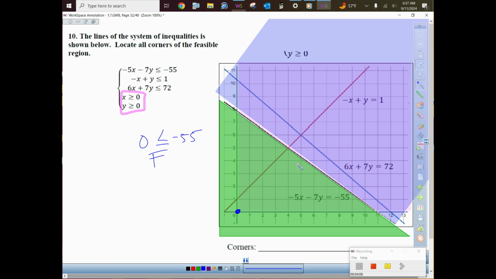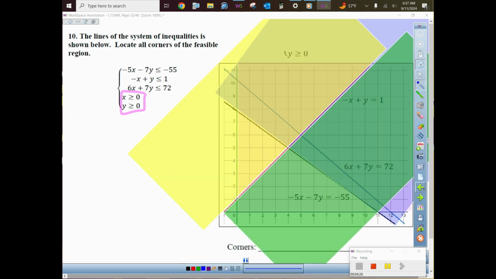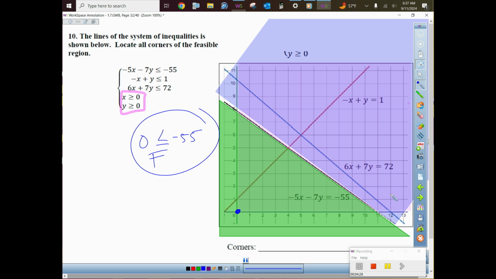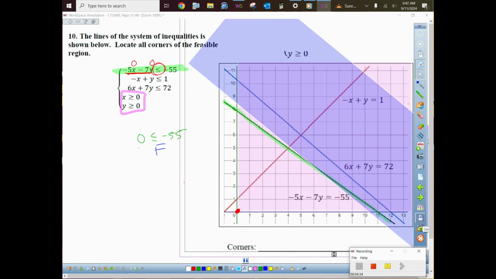A lot of people are like, well, how did you know that? 0, 0 is below that line, and that doesn't work, right? It was a false statement, so that means the blue shade has to be the correct one in that case. So it's going to be shaded on this side of the line. So 0, 0 didn't work, so we're going to shade on the blue side of that line.